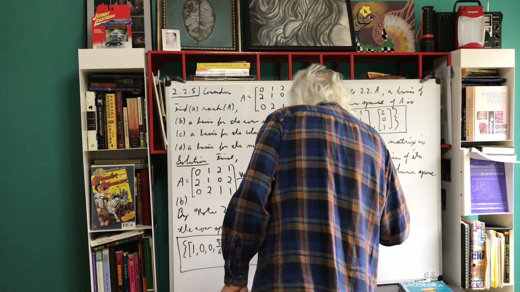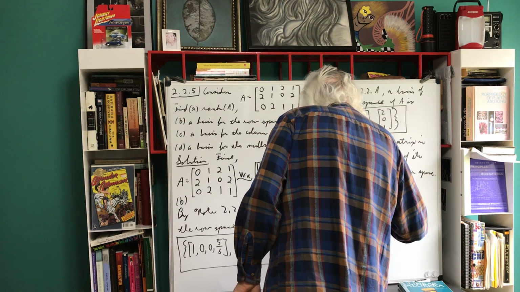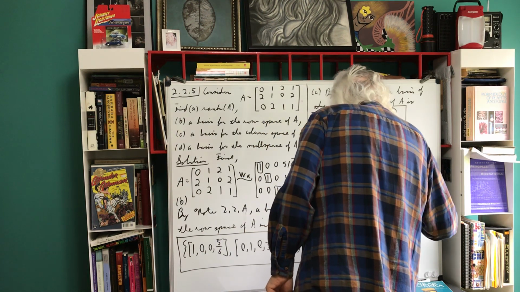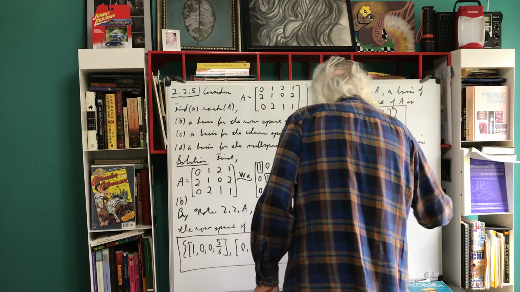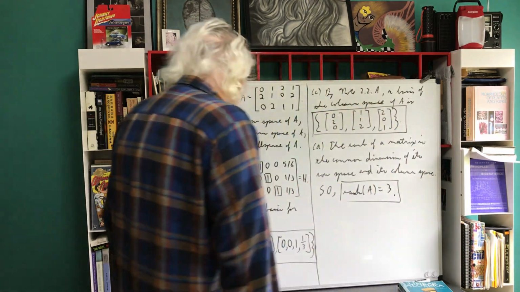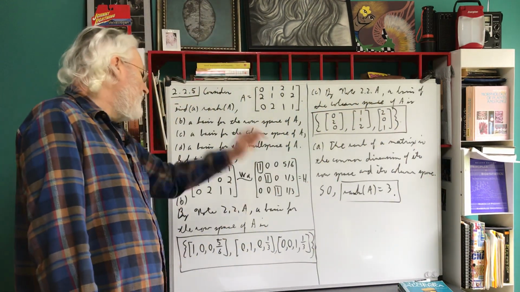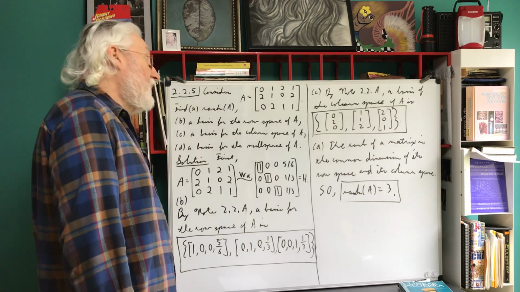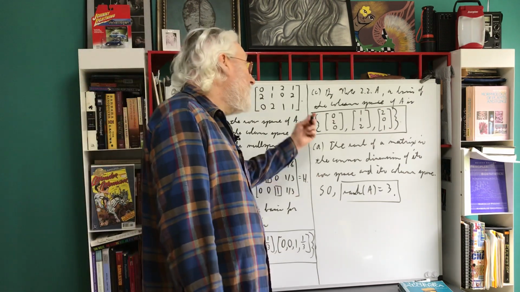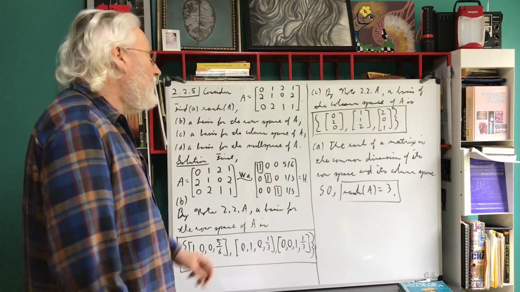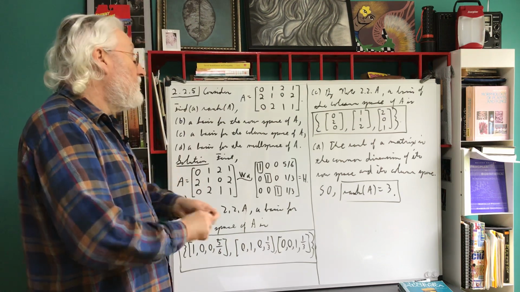So here, the rank of matrix A is the dimension of the row space, 3 vectors in a basis, and the dimension of the column space, 3 vectors in a basis for the column space.